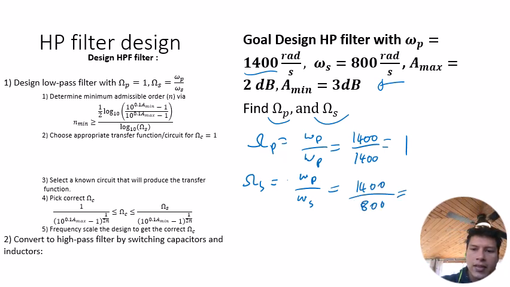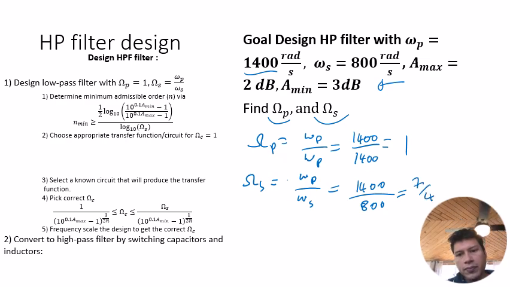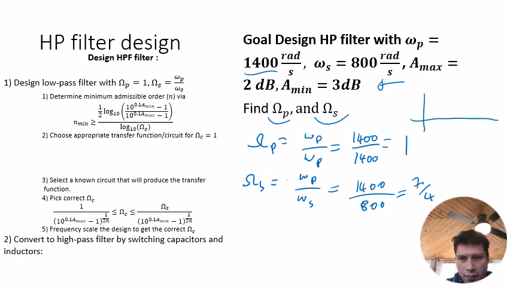What is 1400 over 800? 7 over 4. So if we look at our omega, we have 7 over 4, and then we have 1 here.